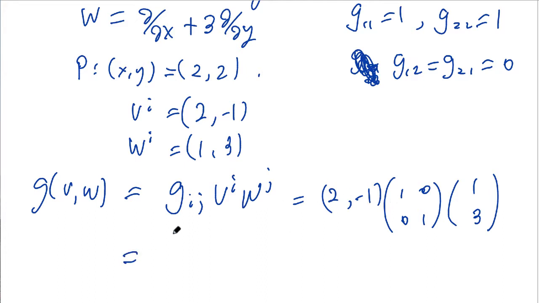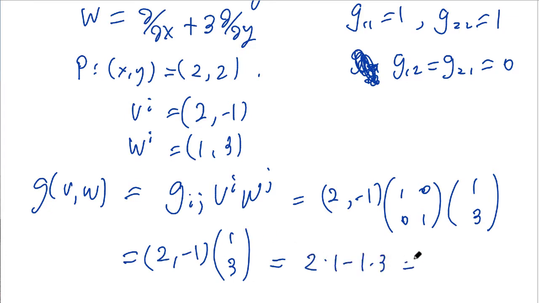All right, so this is 2 comma minus 1. This is the identity matrix, so that's easy. Acting on 1, 3 just gives 1, 3. And now we have 2 times 1 minus 1 times 3. That's 2 minus 3, which is minus 1. So the inner product between these two vectors is minus 1.